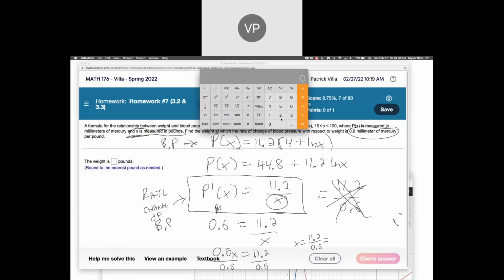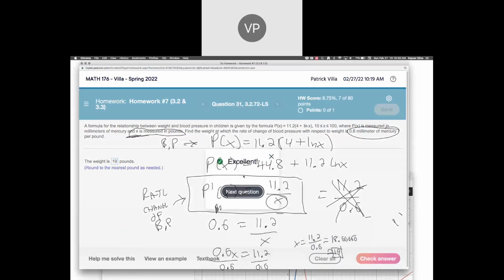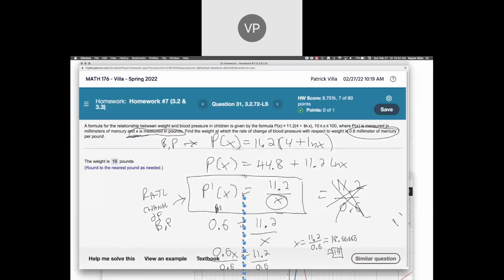So 11.2 divided by 0.6 gives us 18 and a bunch of sixes that go on forever. Rounding to the nearest, that's going to round it to 19. Okay, so that's what I'm putting in right here. And that's it for number 31.